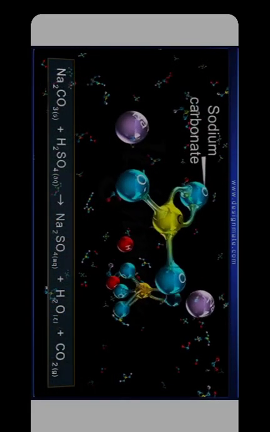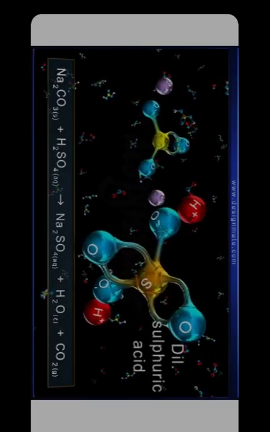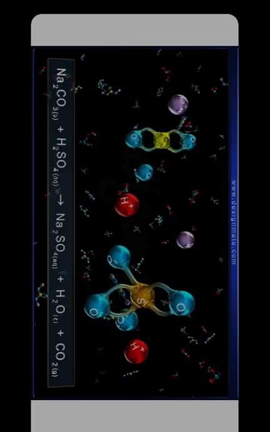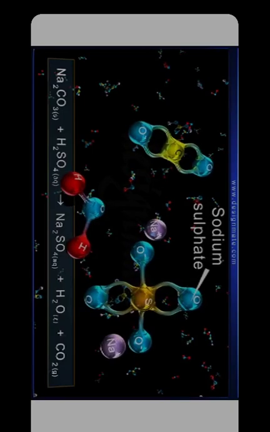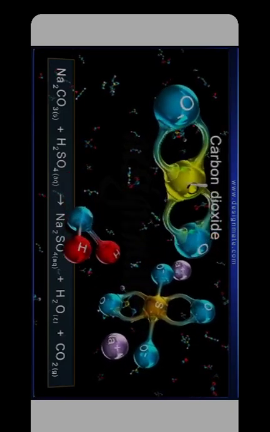Sodium carbonate plus dilute sulfuric acid gives sodium sulfate plus water plus carbon dioxide gas.